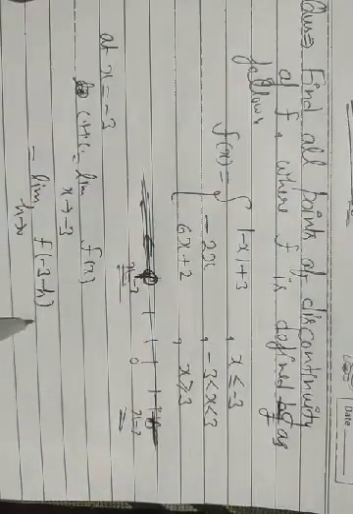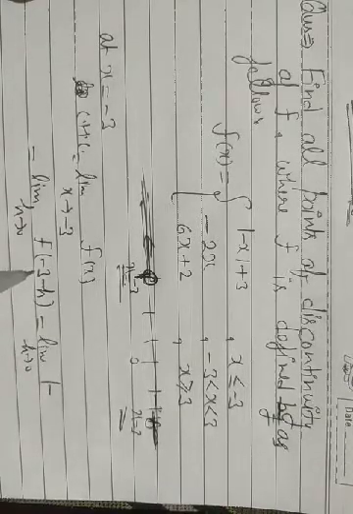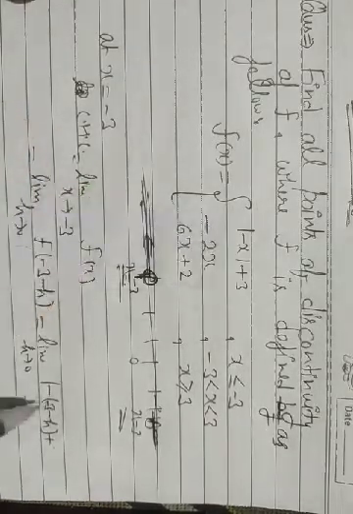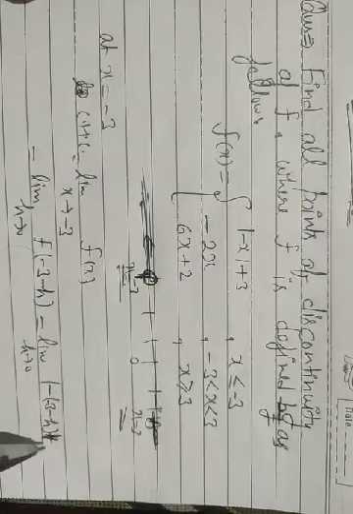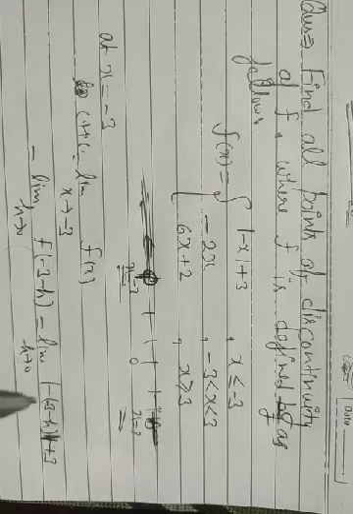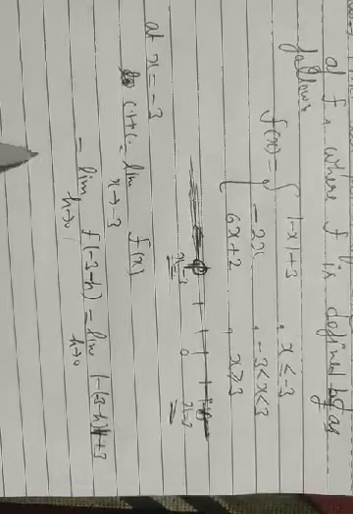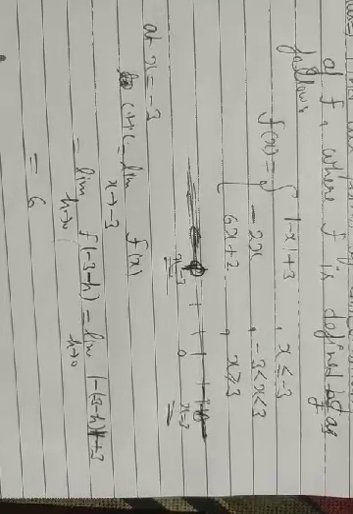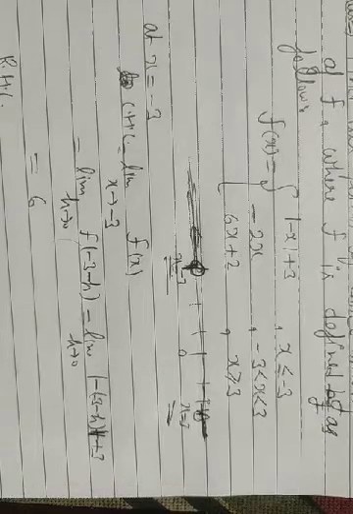Then limit as h tends to 0 of minus |minus 3 minus h| plus 3. When we solve this limit, we get 3 plus 3, which is 6. So the left hand limit is 6.